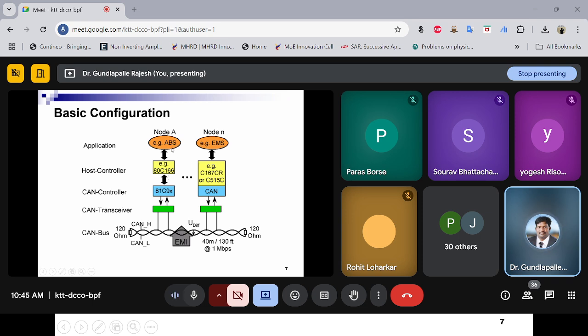That application can be an ABS application or any other application. ABS is the anti-braking system application. Similarly, the other node also performs the same thing. So this is how the CAN protocol is set up.